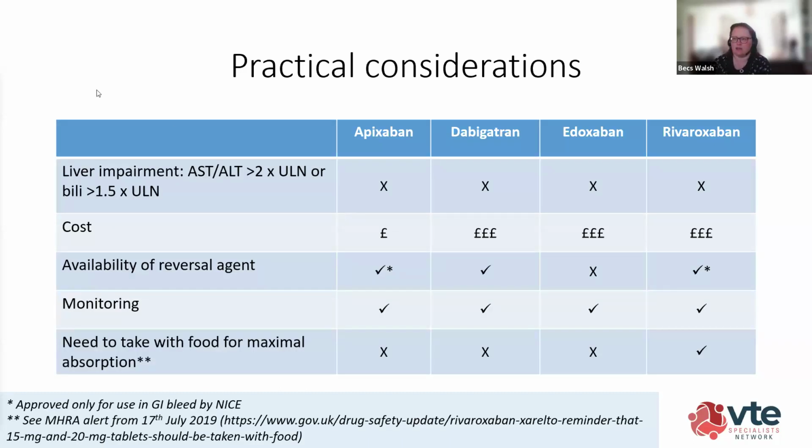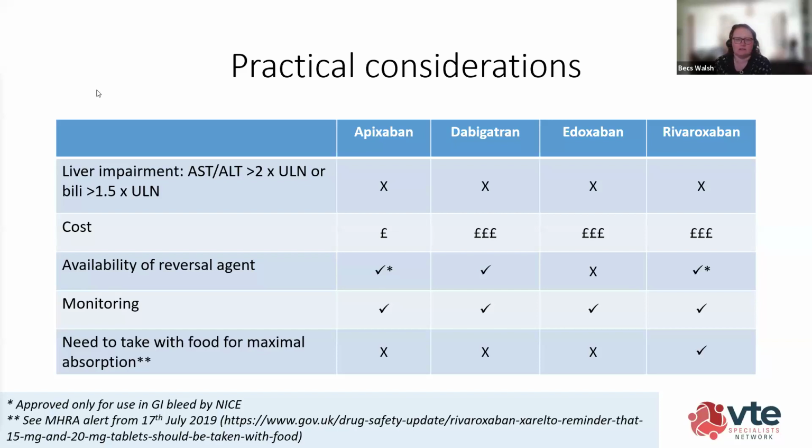So I often get asked about liver impairment and when is it safe to use a DOAC. According to the SPCs, when the AST or the ALT are greater than twice the upper limit of normal, or I think in the case of apixaban, the bilirubin is 1.5 times the upper limit of normal, they are not recommended.